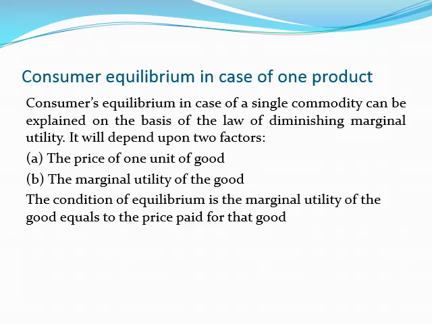The condition of equilibrium is that the marginal utility of the good equals the marginal utility of money, or the price paid for that good. Let us take one example to explain the issue.